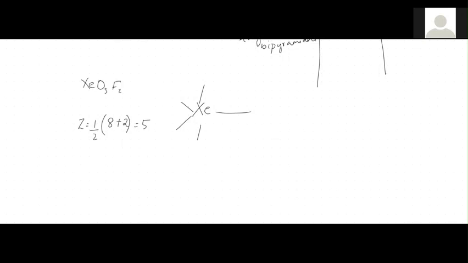There is a rule that more electronegative atoms occupy the equatorial position.